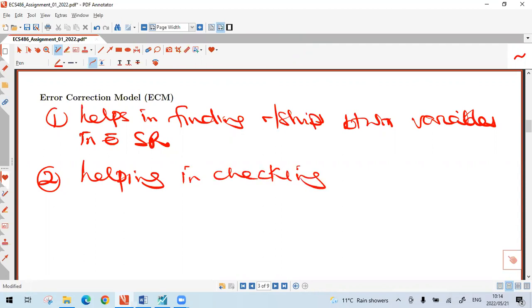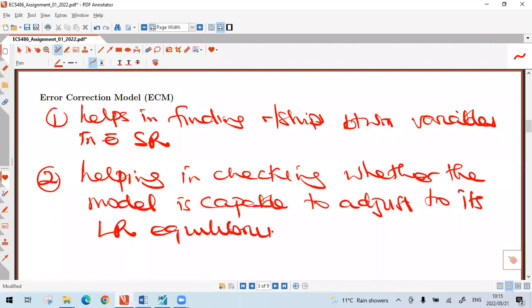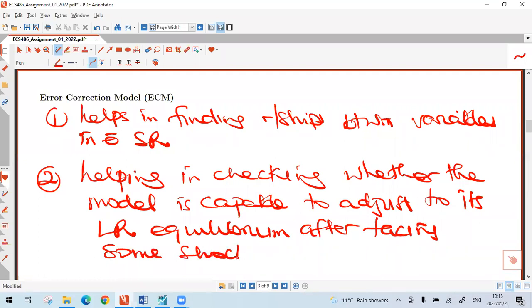Helping in checking whether the model is capable to adjust to its long run equilibrium after facing some shock, right?